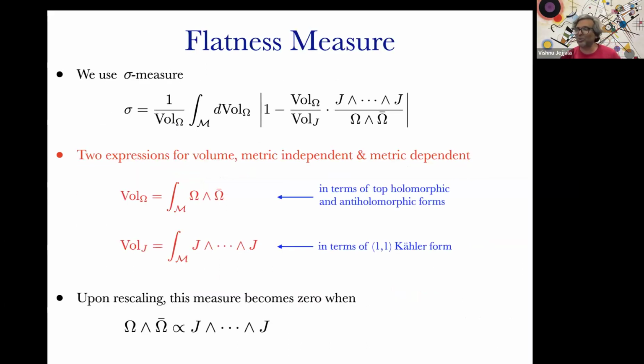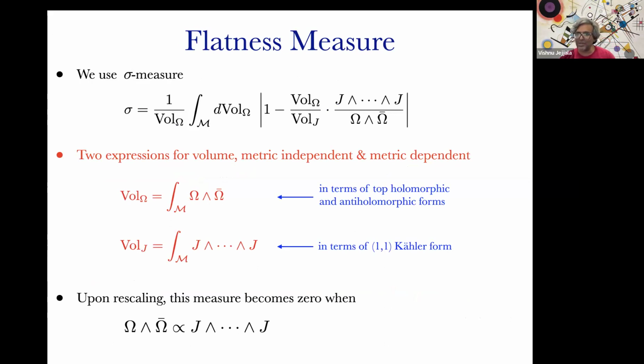So we also need to now assess how good our flat metric is. So we use various measures for doing this. One way of doing this is to compute the volume in two different ways. One way is metric independent, and one way is metric dependent. So the volume of the Calabi-Yau is described by the wedge product of the top holomorphic and anti-holomorphic forms integrated over the manifold.